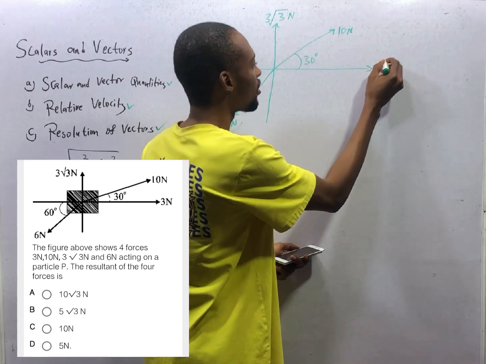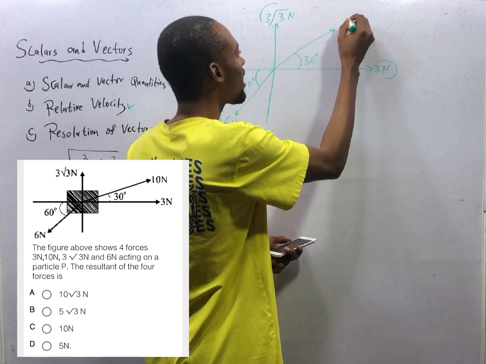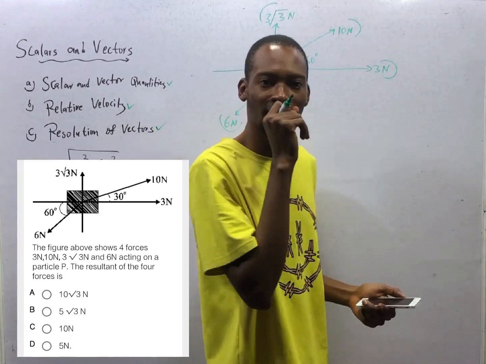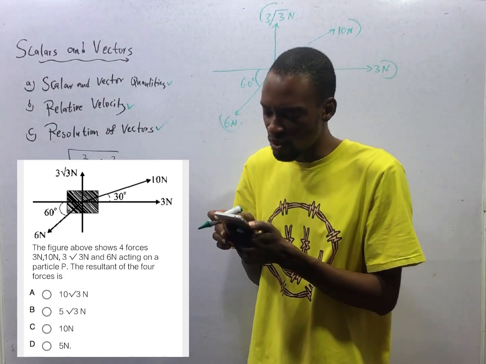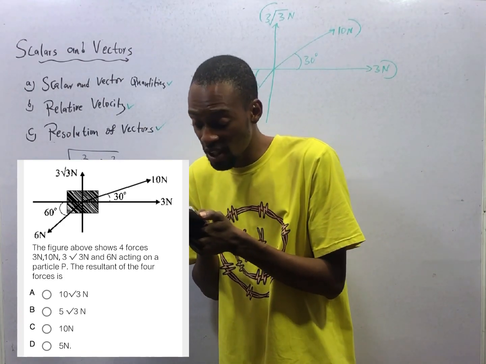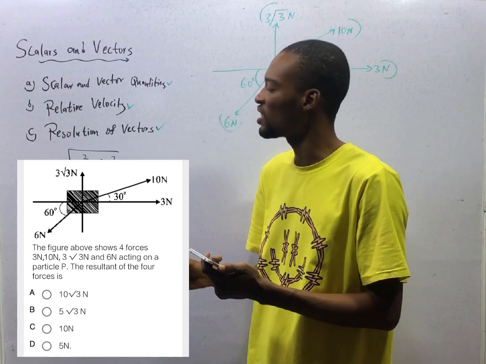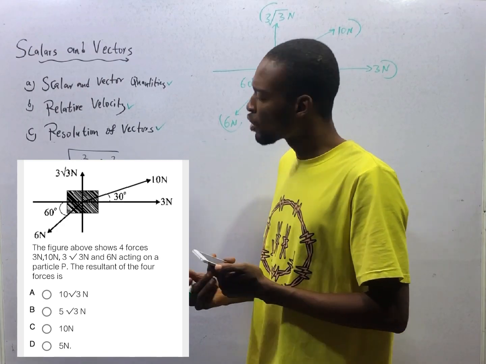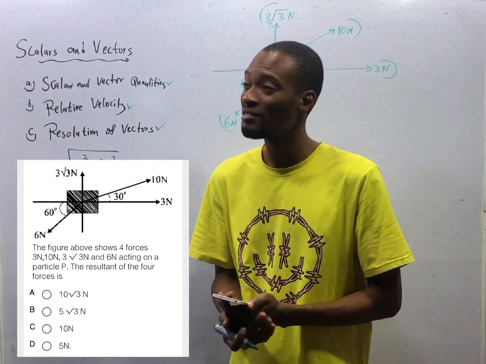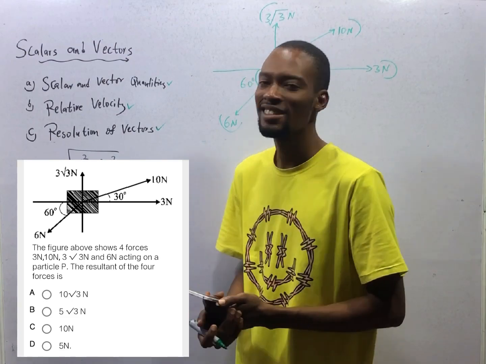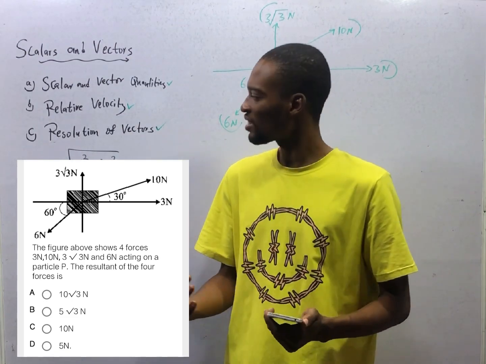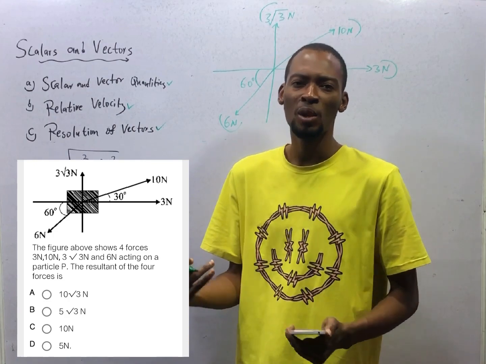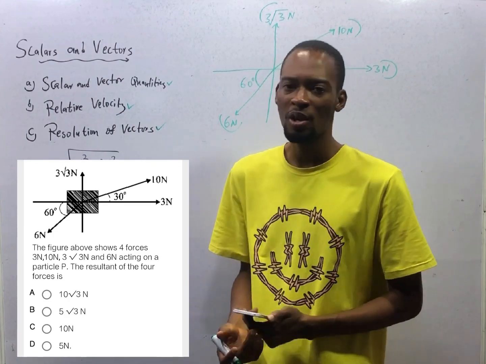Force 1, another force, and another force. And we are asked to look for the magnitude of the resultant of the 4 forces. No matter how many forces we have, whether 50 forces, 70 forces, or 30 velocities, 70 velocities, no matter the number of forces or vectors, we are resolving.